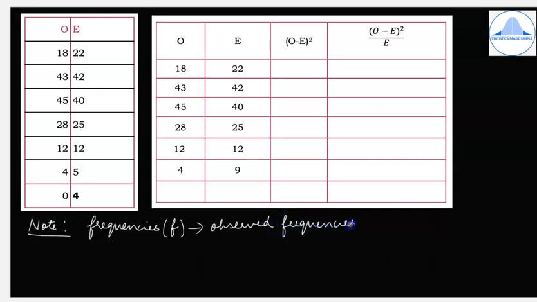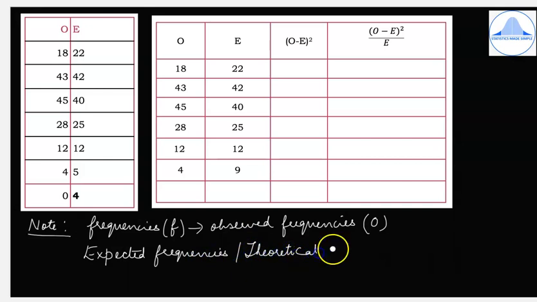And now for testing of hypothesis, they will be denoted by O. And the expected frequencies or the theoretical frequencies which we just now found out, that is Tx, will be denoted by E.